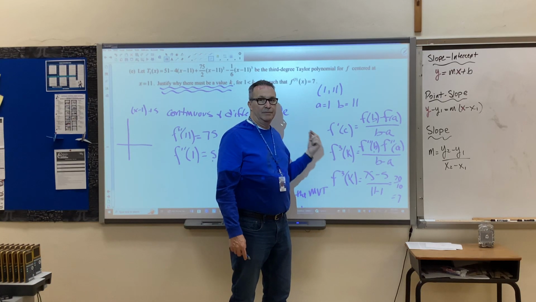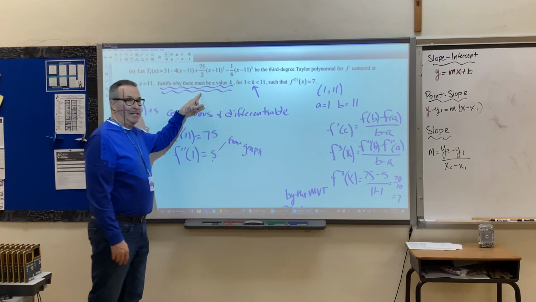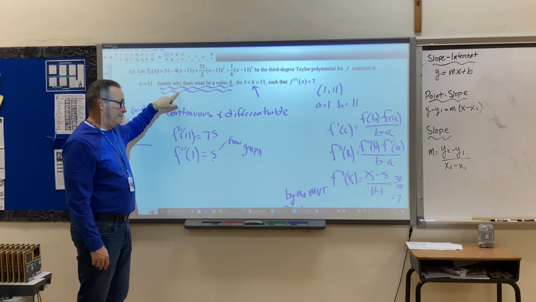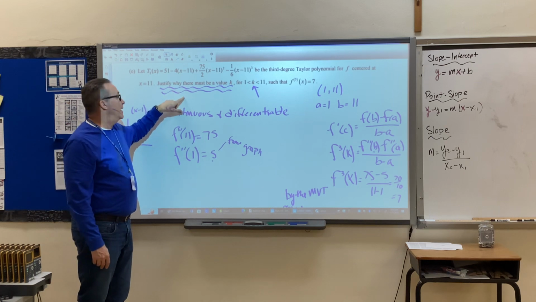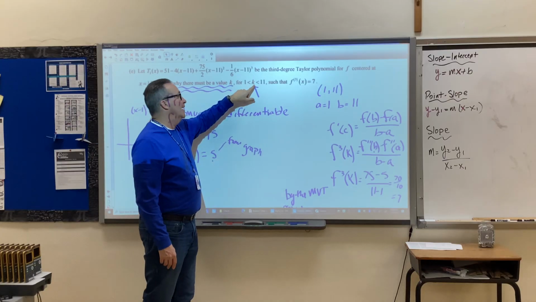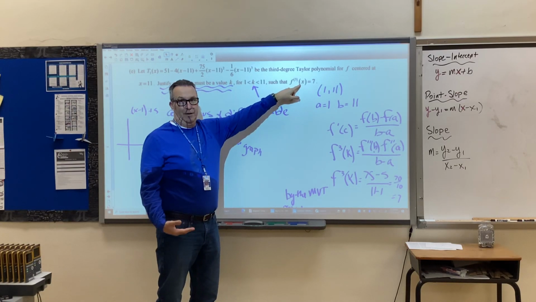Okay. I just think I got tripped up because it was third derivative. This says MVT. These words say mean value theorem or intermediate value theorem. And I knew it specifically was mean value theorem because it's k. So we're looking for the next derivative.